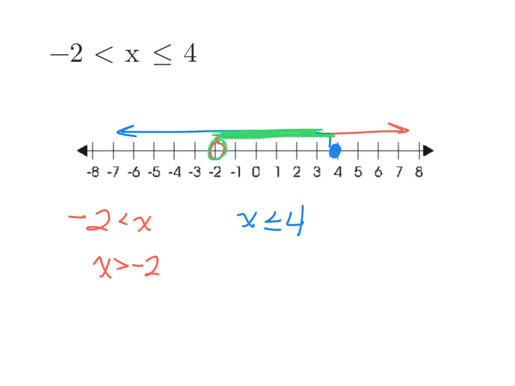We would still use a circle on the -2 and a dot on the 4, but we would only graph the stuff that is in between, which means we wouldn't need these arrows out here and out here. We're only talking about that stuff that's in between, where those two arrows overlap.